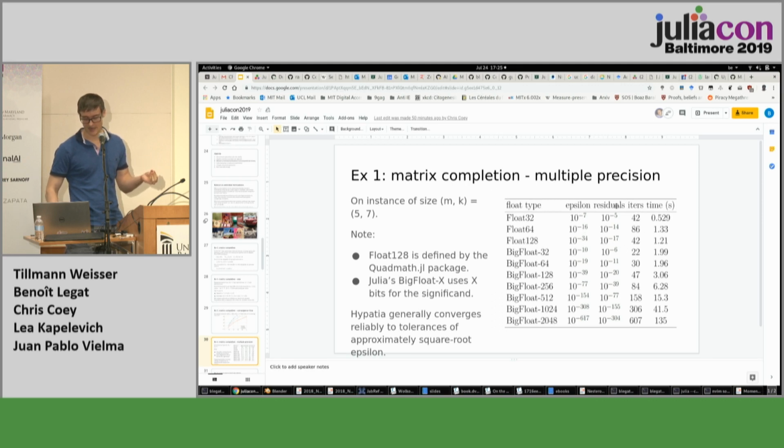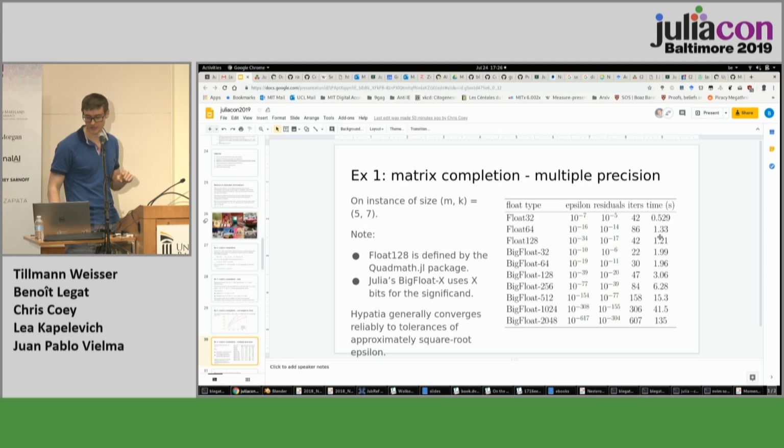And then in the residuals column, we have the worst residual on the conic certificates that we achieve using that floating point type, before Hypatia dies. And actually, we tend to converge reliably to tolerances of almost exactly the square root of epsilon, and there's a sort of a reason for that.